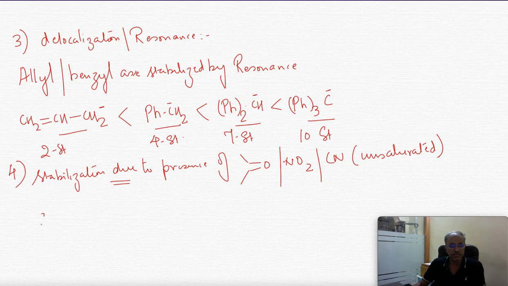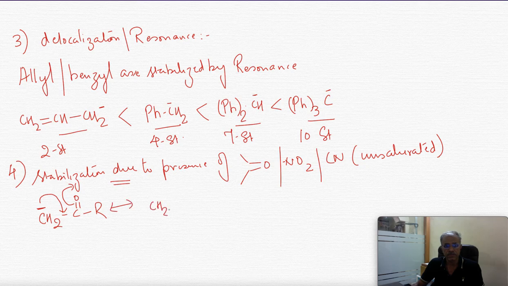Take for example, CH2 minus, C double bond O, R. This electron pair will go here, and then this will go here. So this will be CH2 double bond C, O minus, and this will be R. This is known as enolate ion.